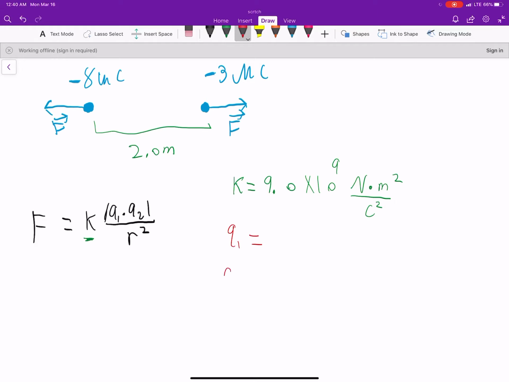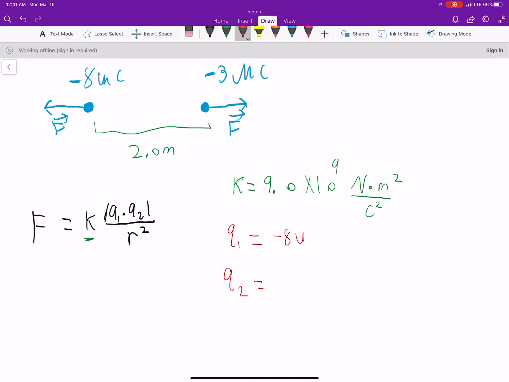Q1 and Q2 are your charges. Now, the charges have to be in coulombs. 1 coulomb's a big charge, so you're usually going to have to work with microcoulombs or nanocoulombs. So you're going to want to convert this.